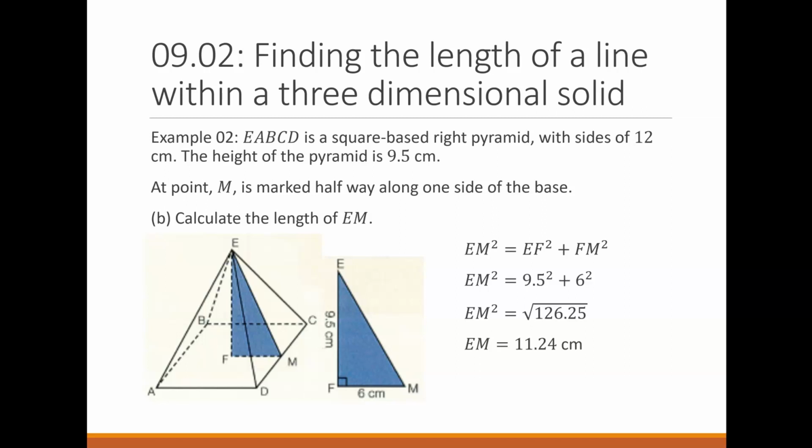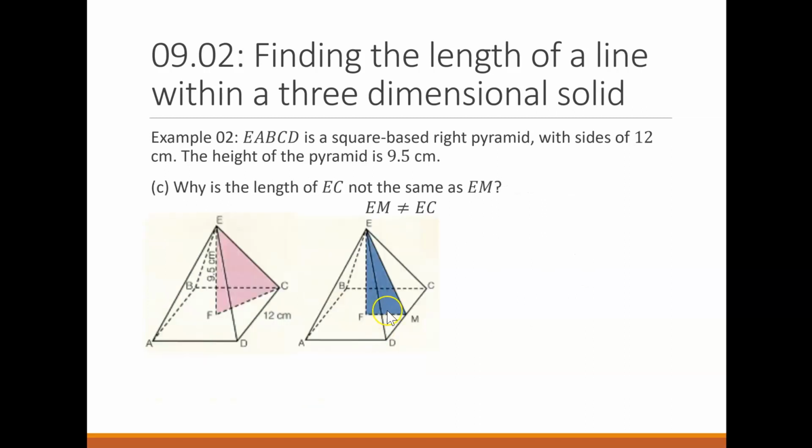Everybody agree with that? Involves EM and EC. In the triangle EMC, that's a right triangle, correct? EC is the hypotenuse, which means it has to be bigger than EM. That's, I think, your best argument to make. Fairly simple argument, but you know.